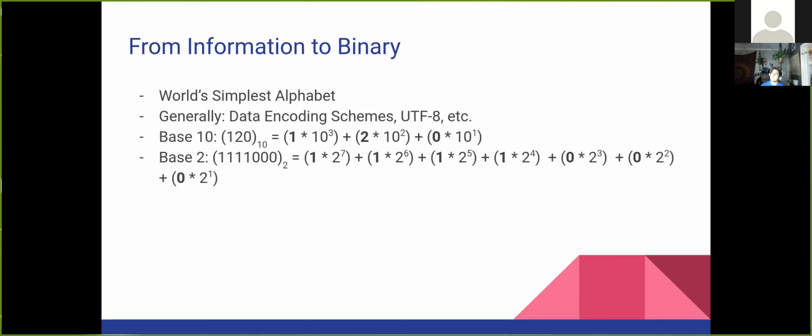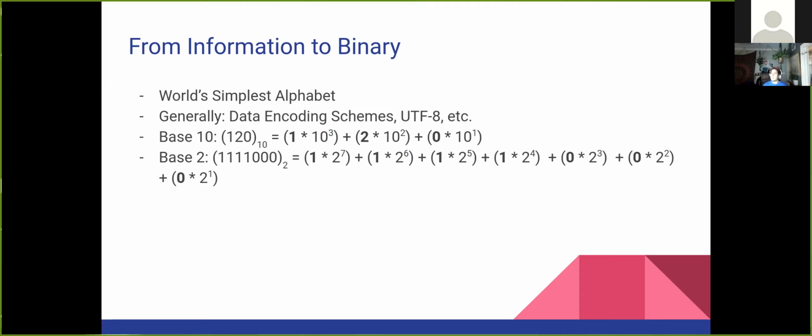If we were to decompose the number 120, we would decompose it into 1 times 10 to the second power plus 2 times 10 to the first power plus 0 times 10 to the zeroth power, because 1 times 10 squared is 100 and 2 times 10 is 20. You add those together plus some 0 term and you get 120. That's the way we construct base 10 numbers past just 10, right?